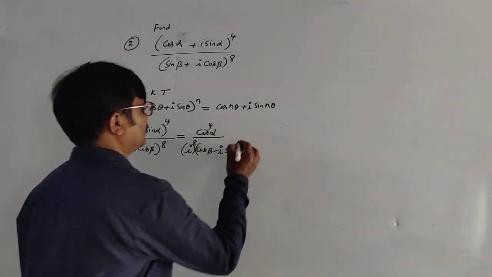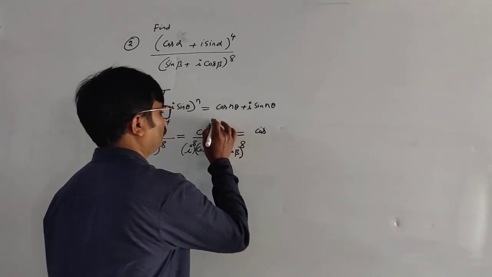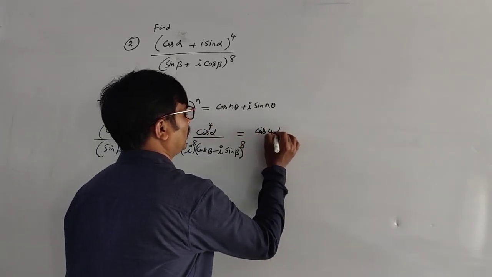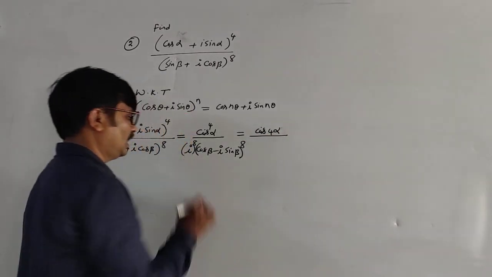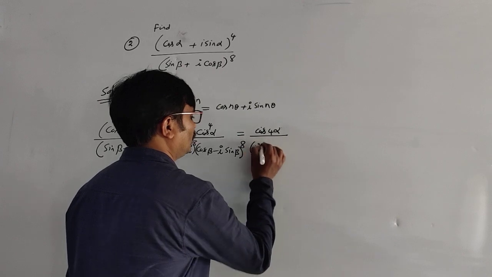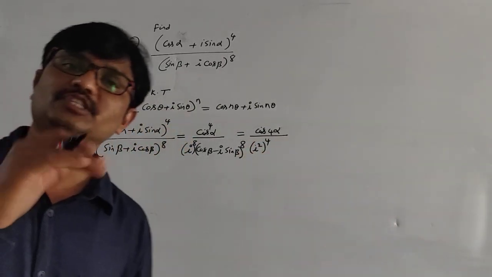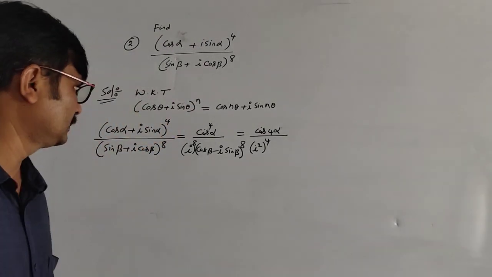Now students, this can be written as cos 4 alpha upon I power 8, which is I square whole power 4. I square is minus 1, minus 1 whole power 4 is plus.